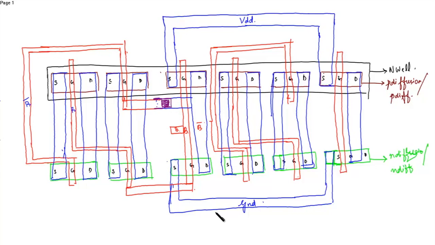Now these gates are connected. Now these gates should be also connected. B is connected to this. Okay, so this is connected to this and these two are connected. So connect from here.